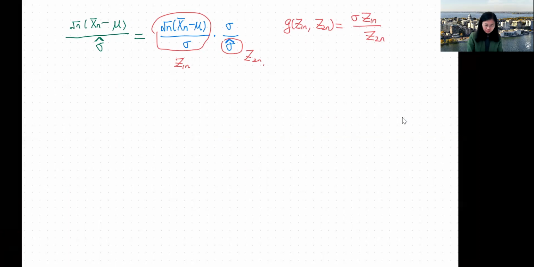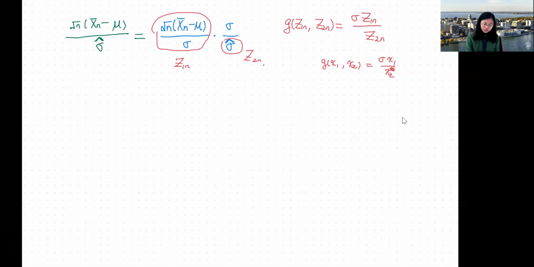This function, g of little x1, little x2 being sigma x1 divided by x2, is very clearly continuous in x1 at any value of x1. So it's continuous in the first argument at any value that Z1n can take.